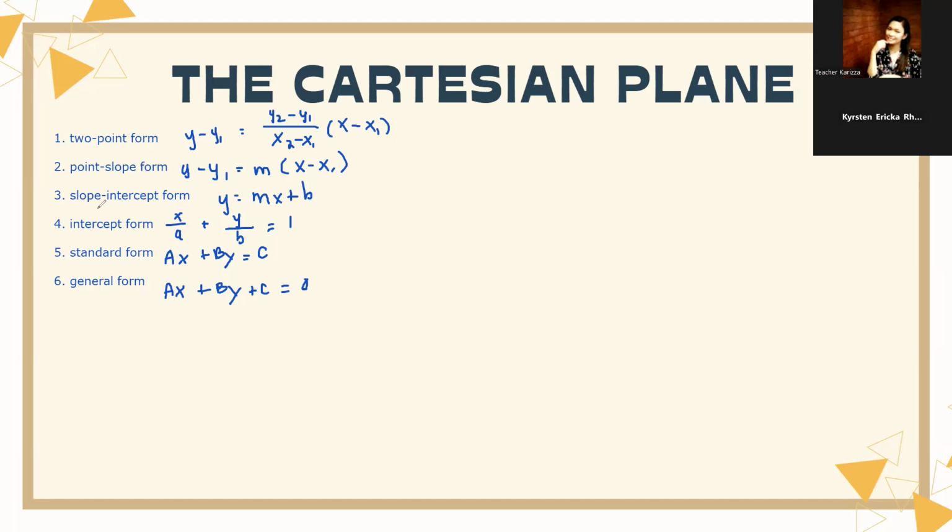I'll give you 2 types of questions. So, number 1, you have points (1, 5) and (-2, -4). Find the slope-intercept form.